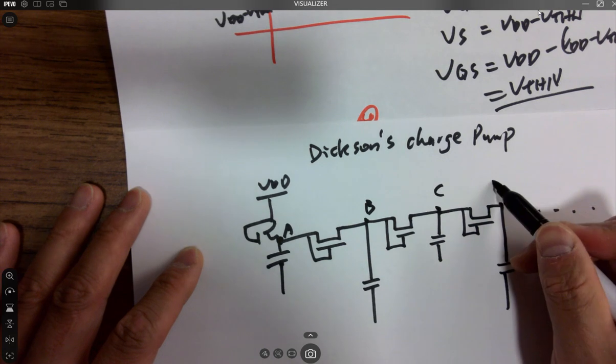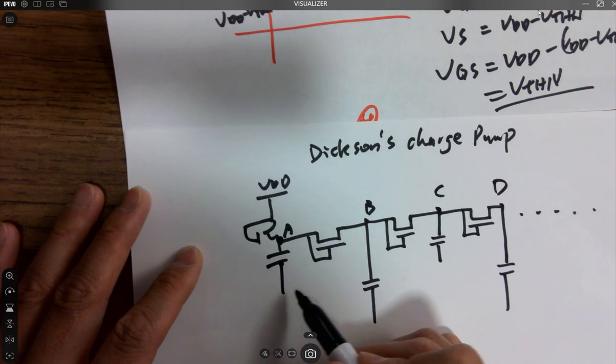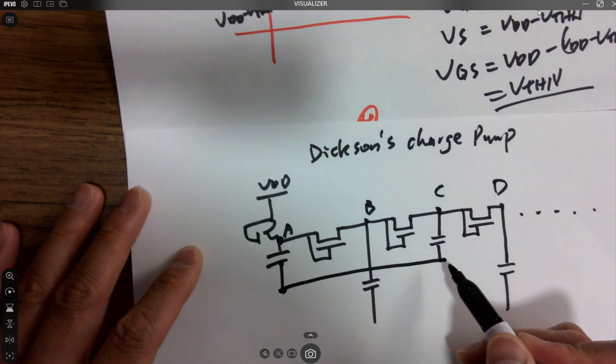Maybe this point as well. Okay. And here.